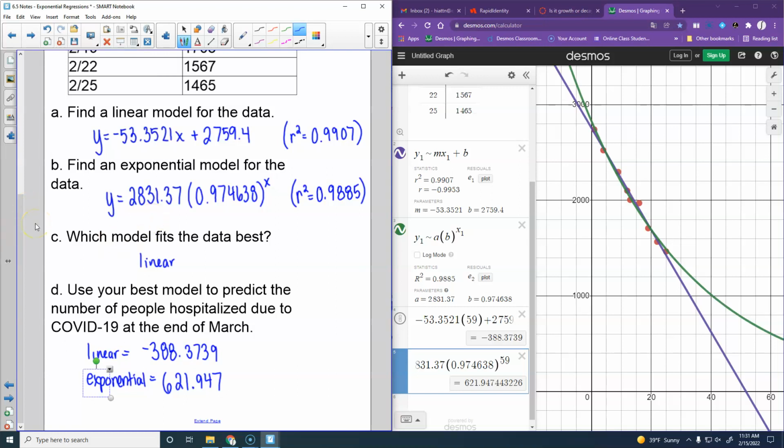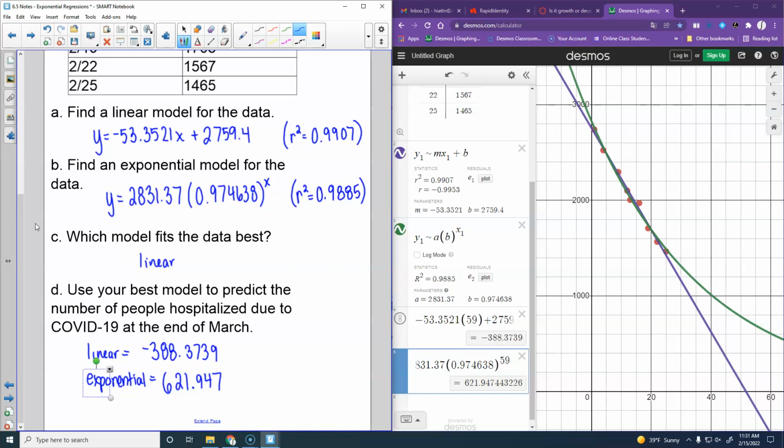So your assignment is a worksheet. On this worksheet, you know how to type these into Desmos, right?